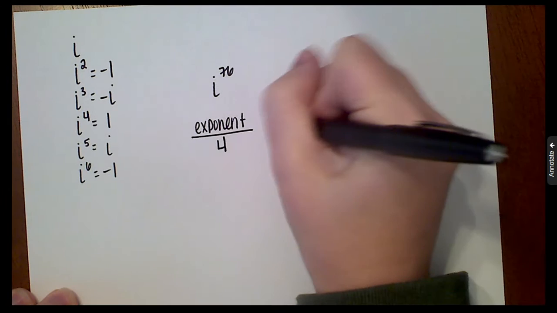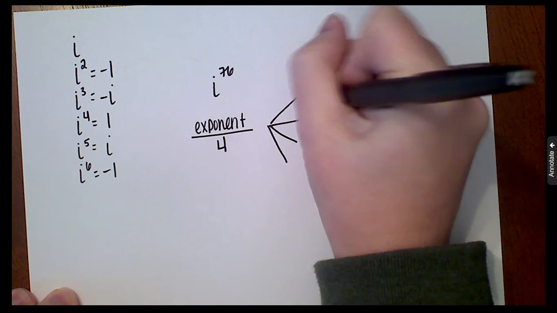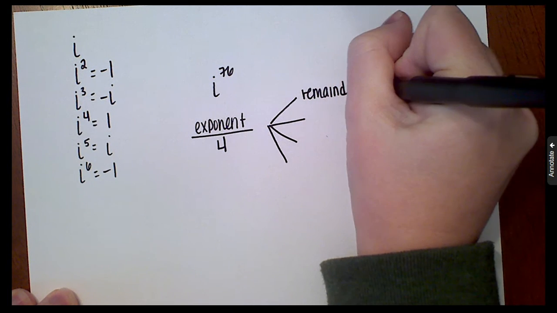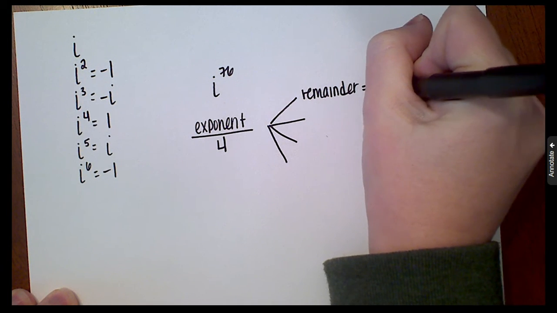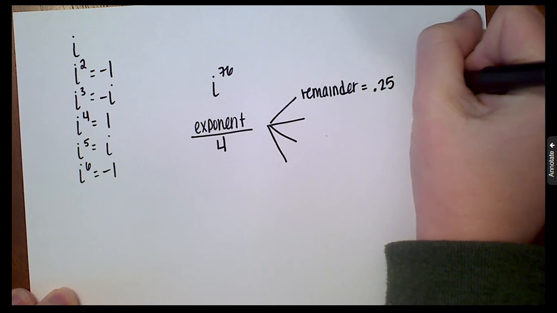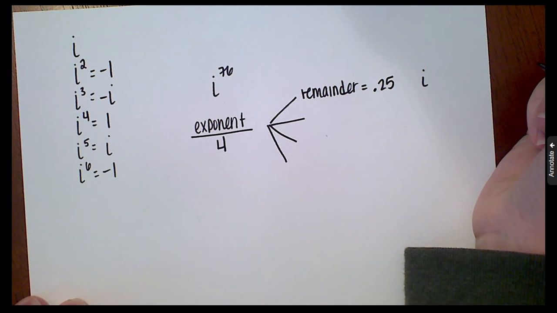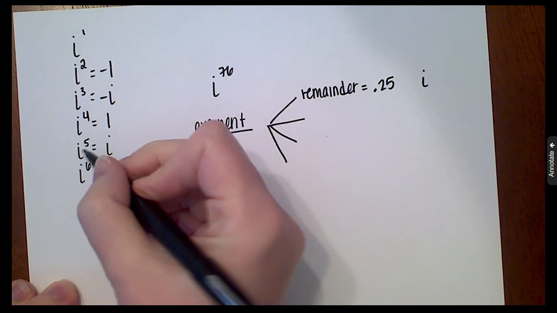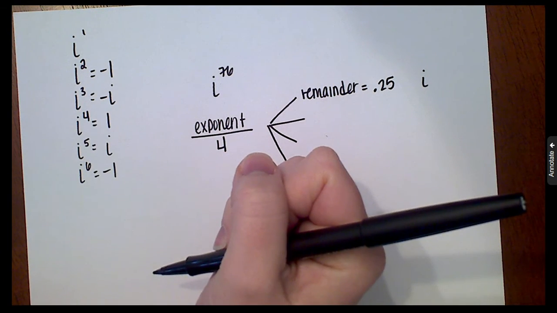So 4 things can happen, right? Because we're dividing by 4. If your decimal is 0.25, that means it's i. So 1 divided by 4 is 0.25, so that makes sense because i to the first. i to the fifth, 5 divided by 4 is 1.25.